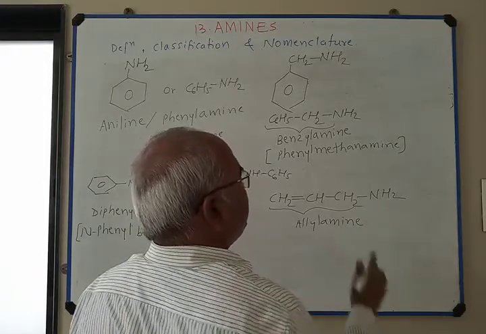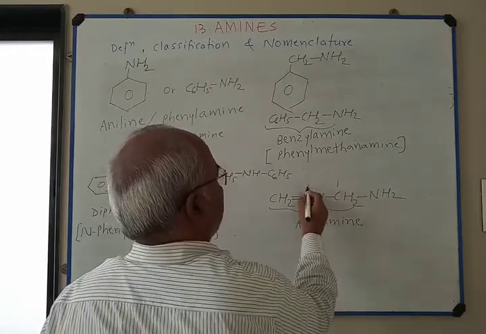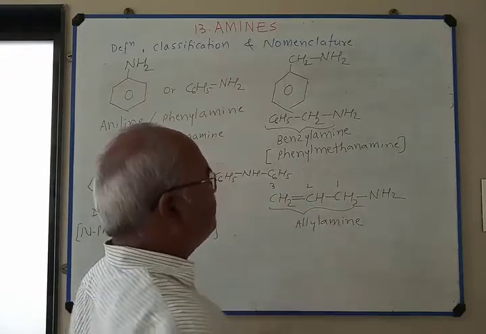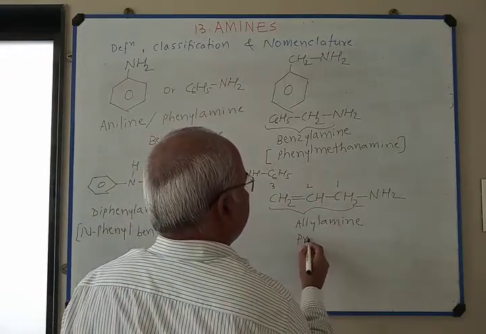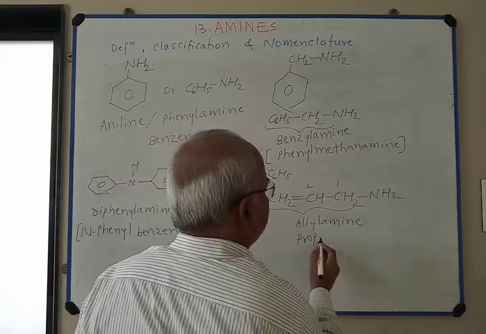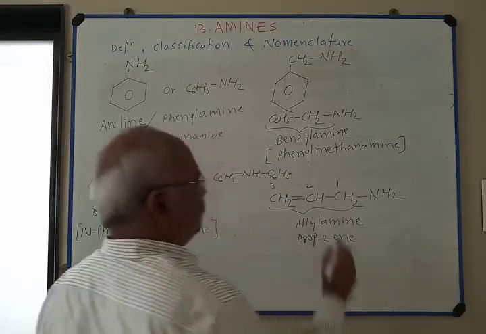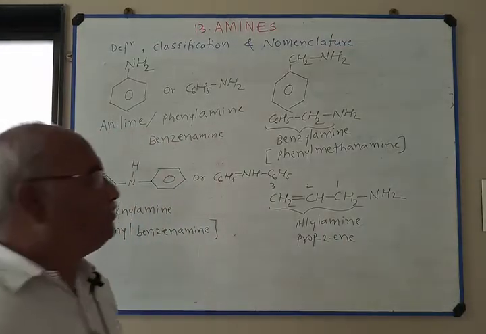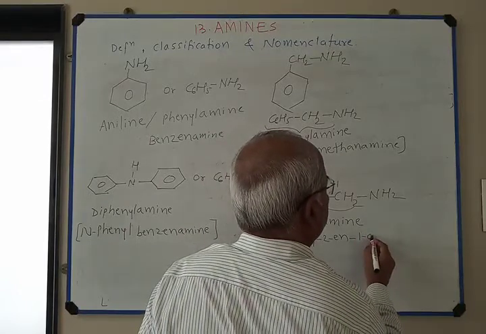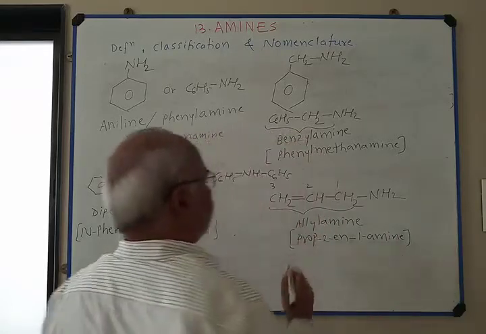According to the priority list, NH2 group gets first priority. Numbering 1, 2, 3. The longest carbon chain contains 3 carbons, therefore it is a derivative of propane. Double bond is present, therefore I write prop-2-ene. At one position amino group is present, prop-2-en-1-amine is the IUPAC name of this compound.